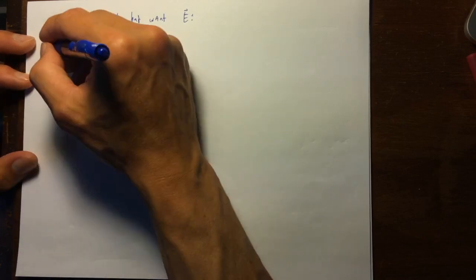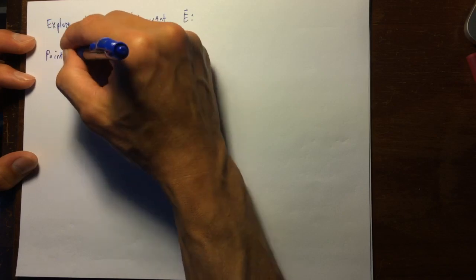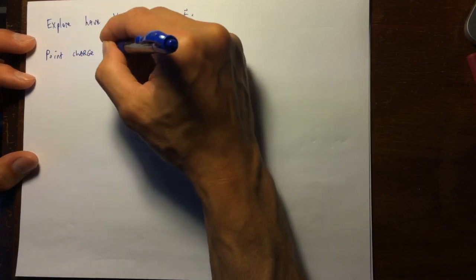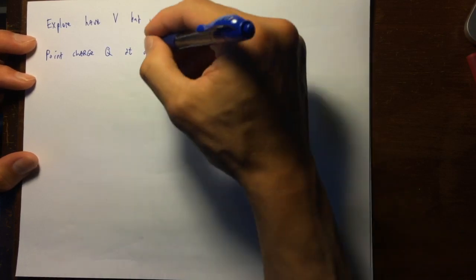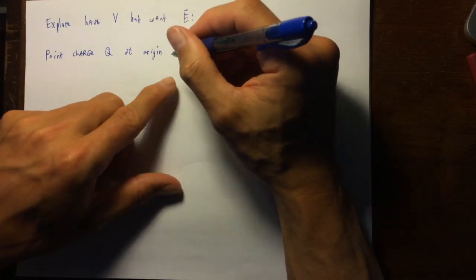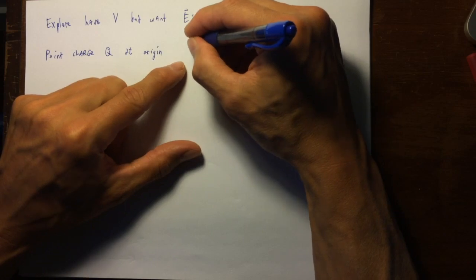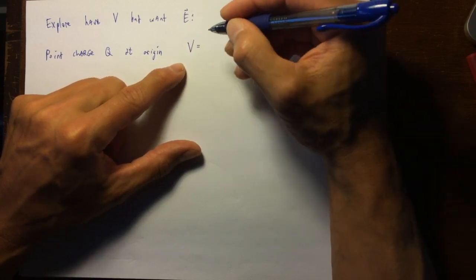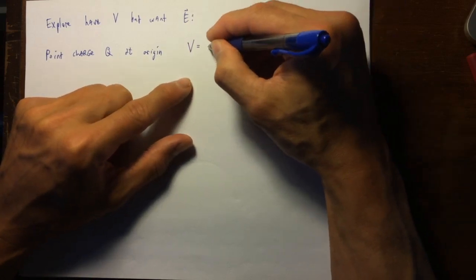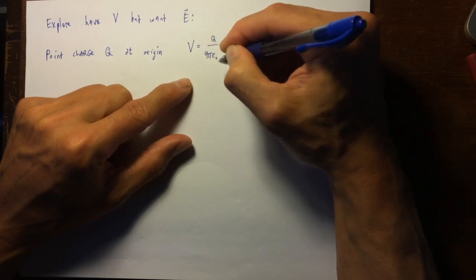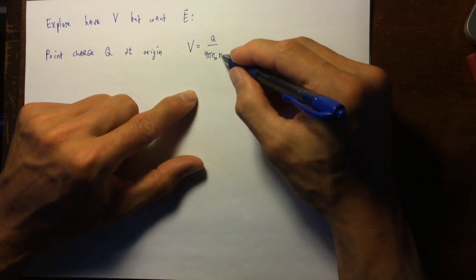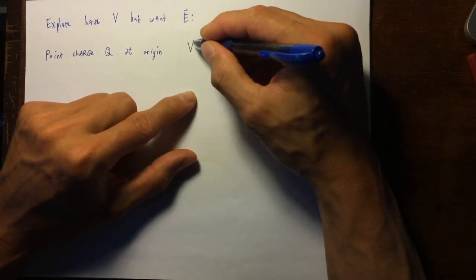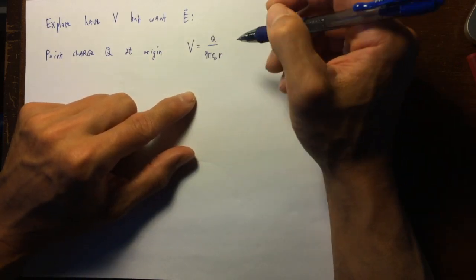So, point charge Q at the origin, right? So I showed you that you could define a potential that's equal to Q over 4 pi epsilon naught times R, right? Where R is the distance away from the charge Q.